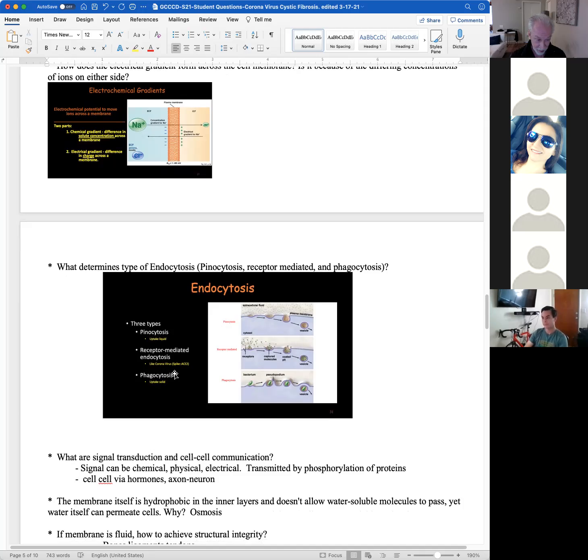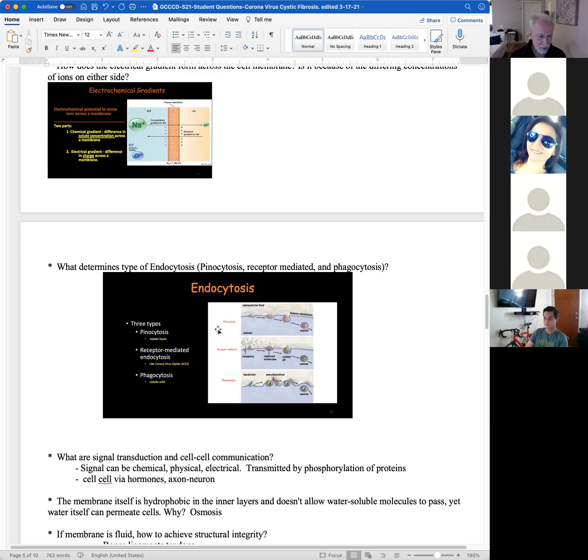A good example to keep in mind is coronavirus, which has this spike protein on its surface. The cell has a receptor, ACE2, and when those two get together, it's a signal for the membrane to invaginate and take up the virus into a vesicle.